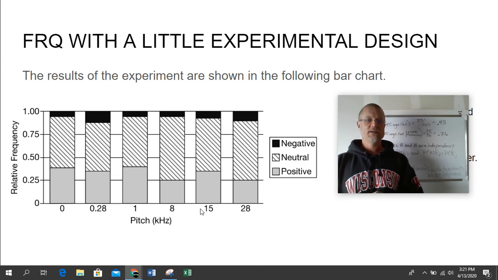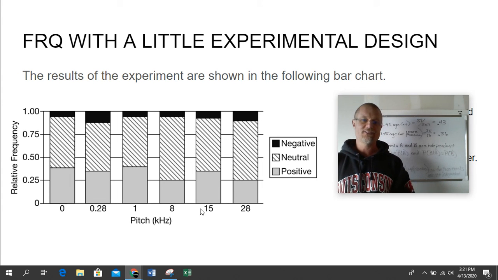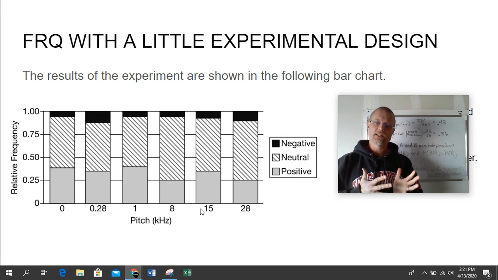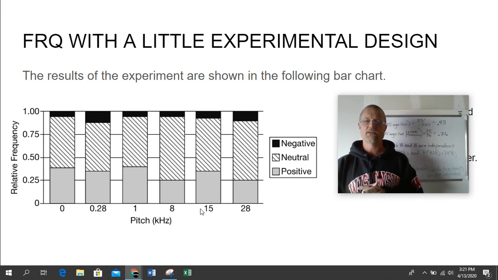In the middle, pretty much all of the neutrals are about the same, except 8 kilohertz has the largest neutral section. So I would look at similarities, I would look at differences, and I would definitely point out any largest pieces and smallest pieces.